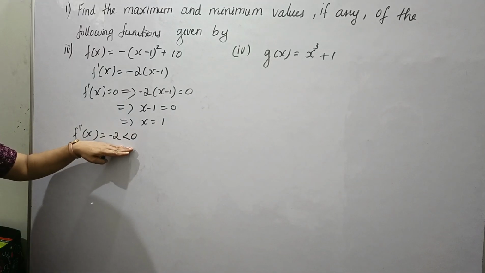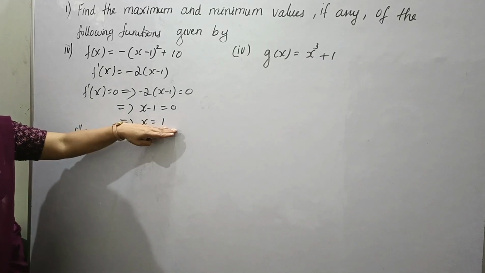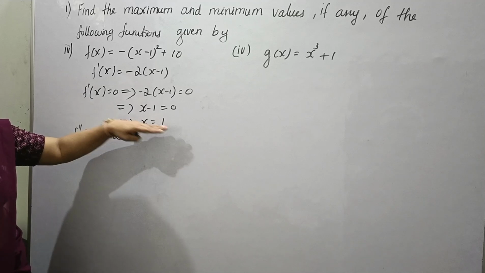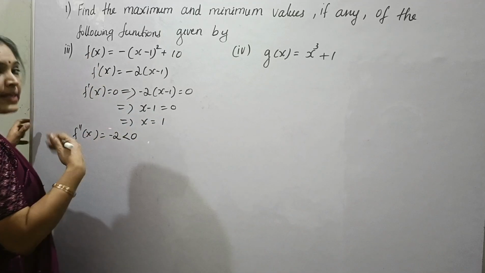Since it is less than 0, this function has maximum value at x is equal to 1, and the maximum value of the function is nothing but when we substitute x is equal to 1 in f of x. Okay, that is f of 1.